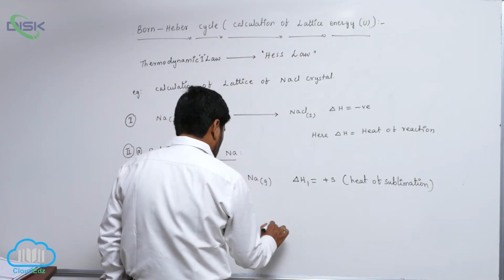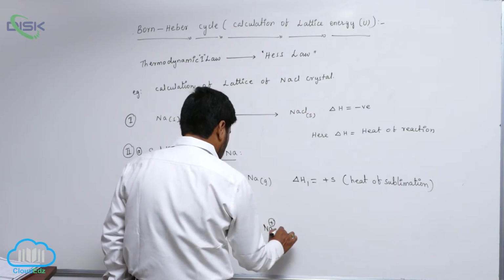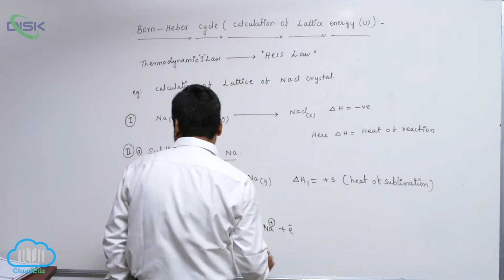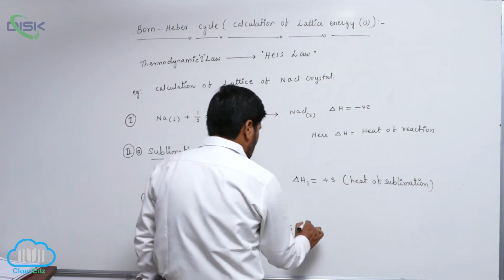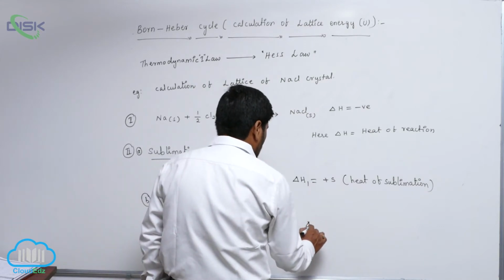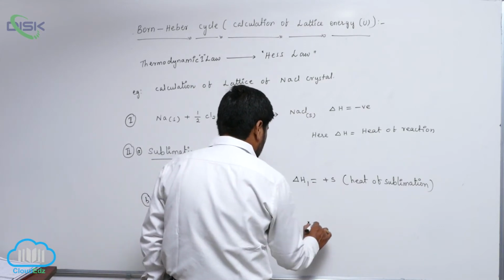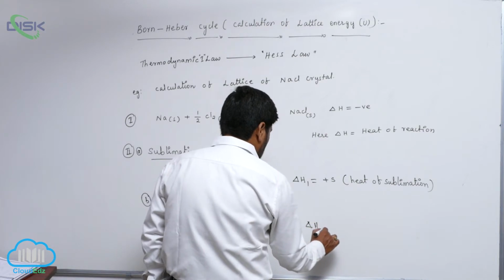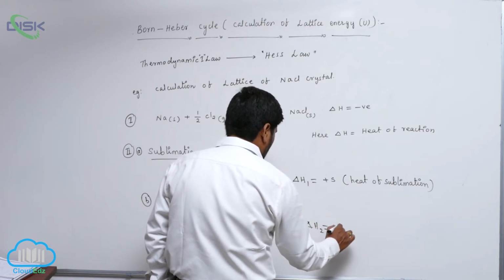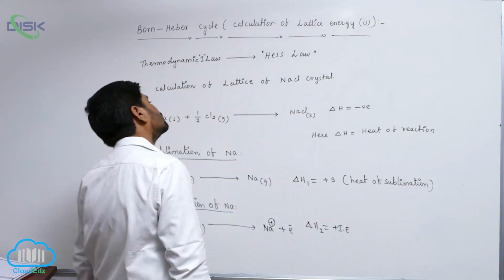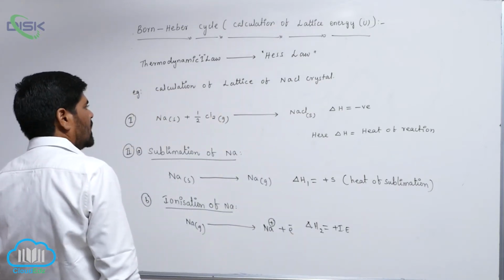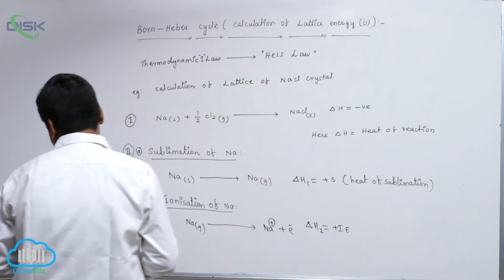An electron, that is Na plus, and liberates one electron. This is also which process? Endothermic process. So therefore delta H equals plus I. This is the second one.